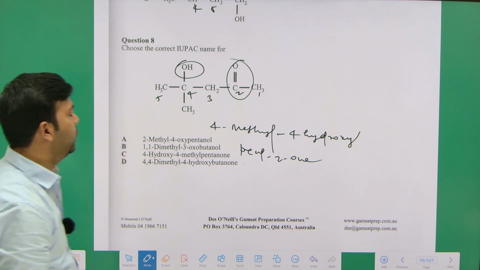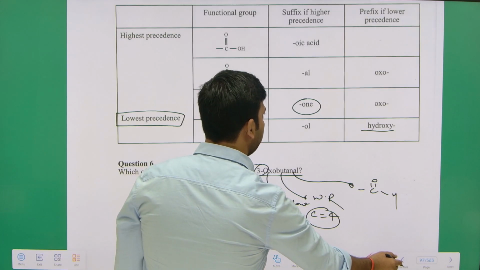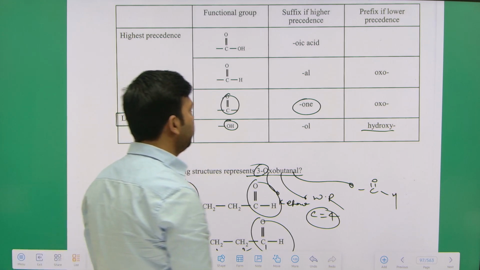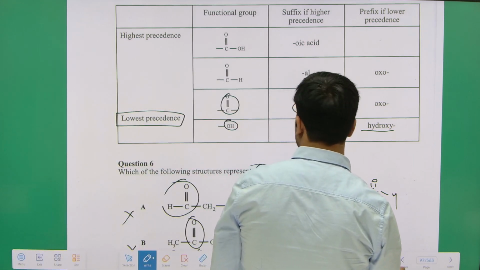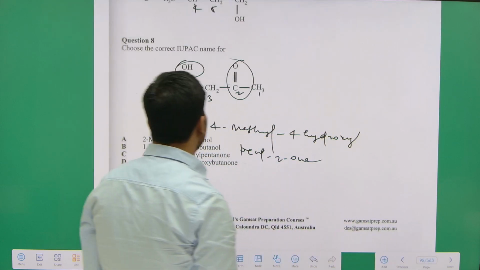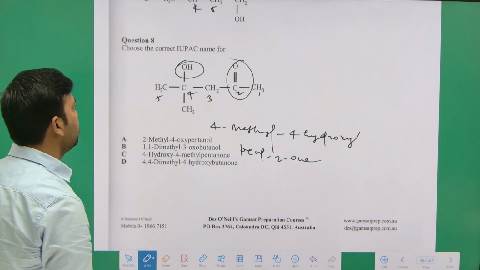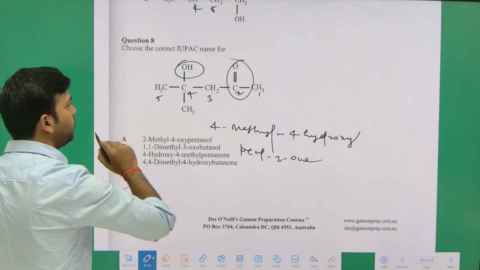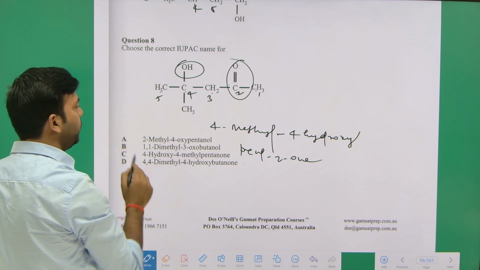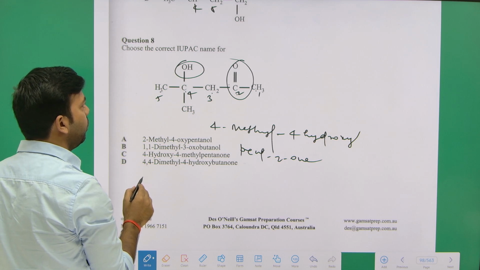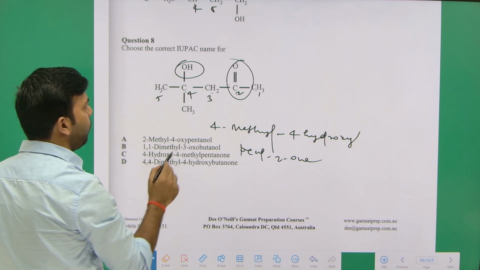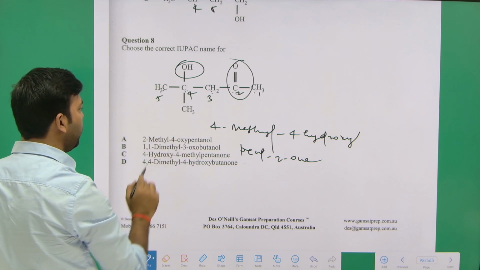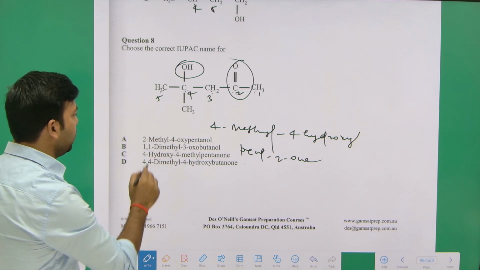Oh, let me check this again, the priority. Ketone has high priority, no doubt. Lowest is my alcohol. So the ketone should get the lowest number, 1, 2, 3, 4, 5. So it should be 4-methyl. 1, 2, 3, 4, 5. So 4-methyl, 4-hydroxy. Yeah, this is correct.